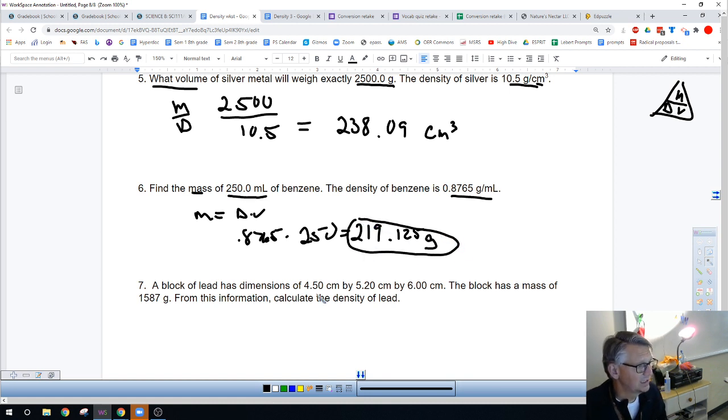A block of lead has dimensions of 4.5 times 5.2 times 6.0. The block has a mass of that. From this information, calculate density.